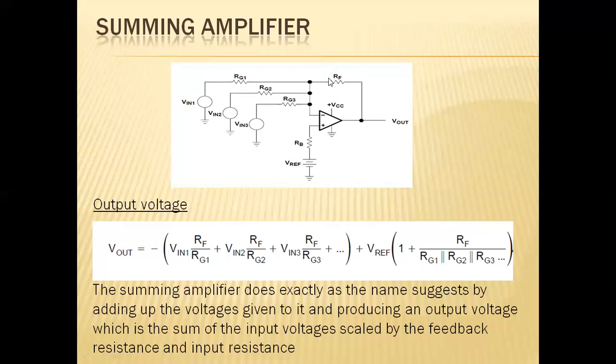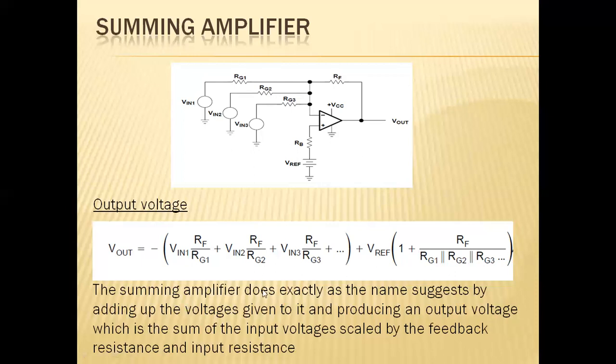And this output resistance is commonly connected to the three different input resistances. There is a V reference of 1 plus feedback resistance by Rg1, 2, and 3, and so on, as a multiplication factor.